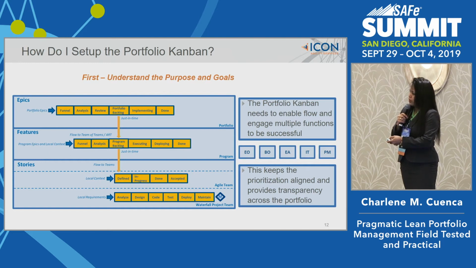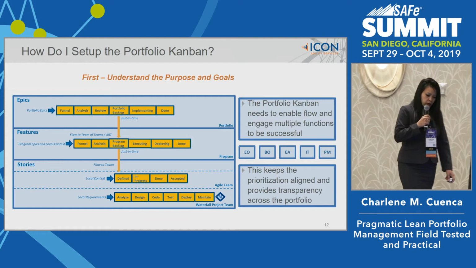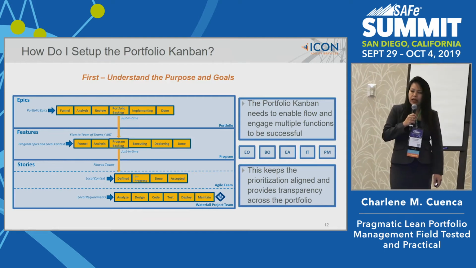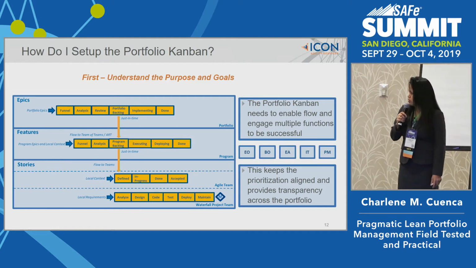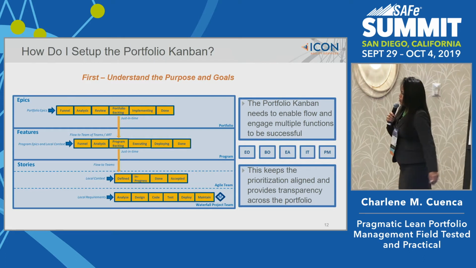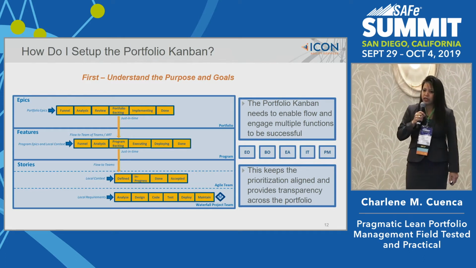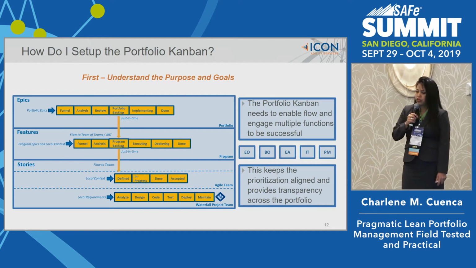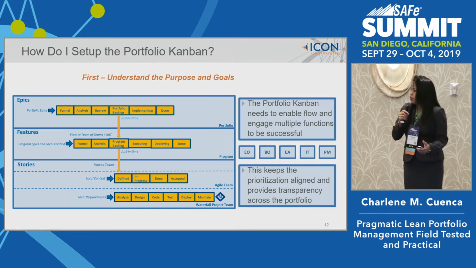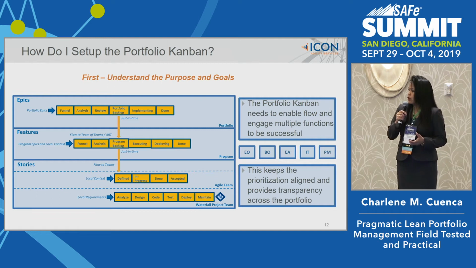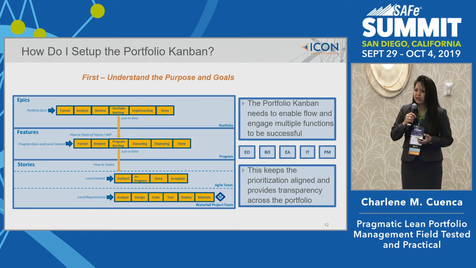So you want to mitigate that as much as possible by making sure that the roles that are part of your portfolio are engaged in and with as you move through the Kanban system. So you see some of the roles called out here, right? Your typical portfolio roles, like your epic owner, is the one that's usually shepherding your epics through your portfolio Kanban system. But along that kind of trio of roles that we're always talking about, we always want to make sure the business is engaged with.